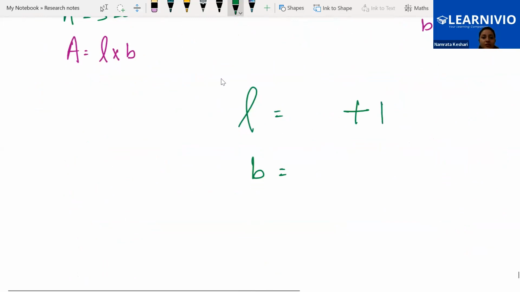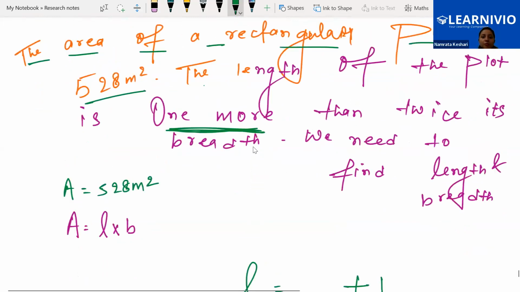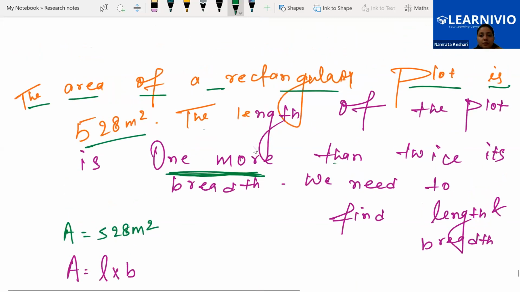One more than twice its breadth. Can we conclude from here? First, you tell me what can be the length, what can be the breadth. Read the statement carefully. Anyone want to try? Anyone?